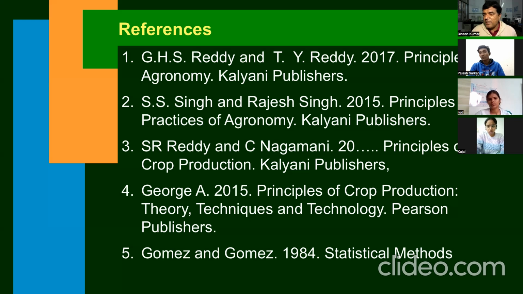Within 3-4 days, he will send the books by courier. I take responsibility that the material is delivered to you if you pay. You have to pay, but I can facilitate the purchase of books. He will give you 10 to 15% discount on the printed price. ICAR will also give you a discount of 25% if you show your I-card.